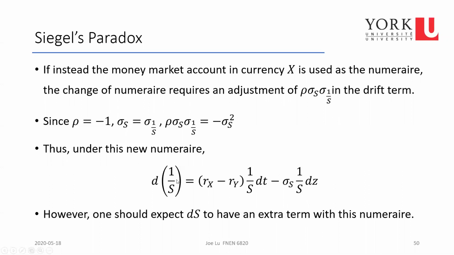So if your numeraire asset, which is the money market account here, is in the same currency as what you express here in units, then you wouldn't have the extra term. But if they're different, that means that if you express something in units of Canadian dollar but use a US money market account, or if you look at a process in terms of units of US dollar but use a Canadian money market account, then in both cases, you will have an extra term there.